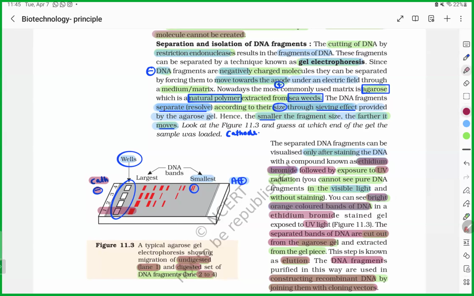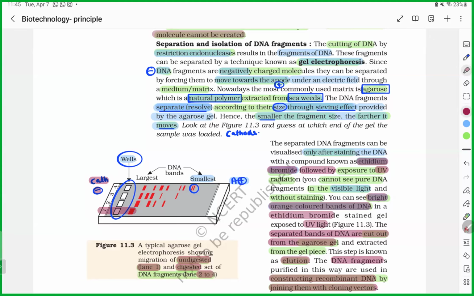Agar gel is obtained from seaweed, a natural polymer. Varinder. DNA fragments separate according to size. Through which effect? The sieving effect provided by agarose gel, by which we separate DNA bands on the basis of size. So which effect will it be? Sieving effect.